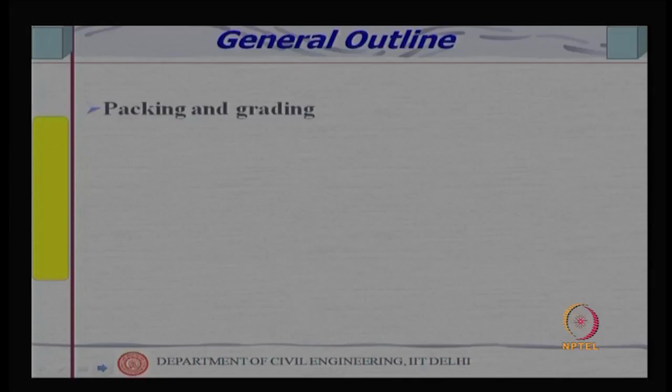Continuing from where we left off, last class we looked into packing characteristics due to shape, how shape improves the packing, and this time we will look into packing and grading, fineness modulus, and we shall also define a term called surface modulus.